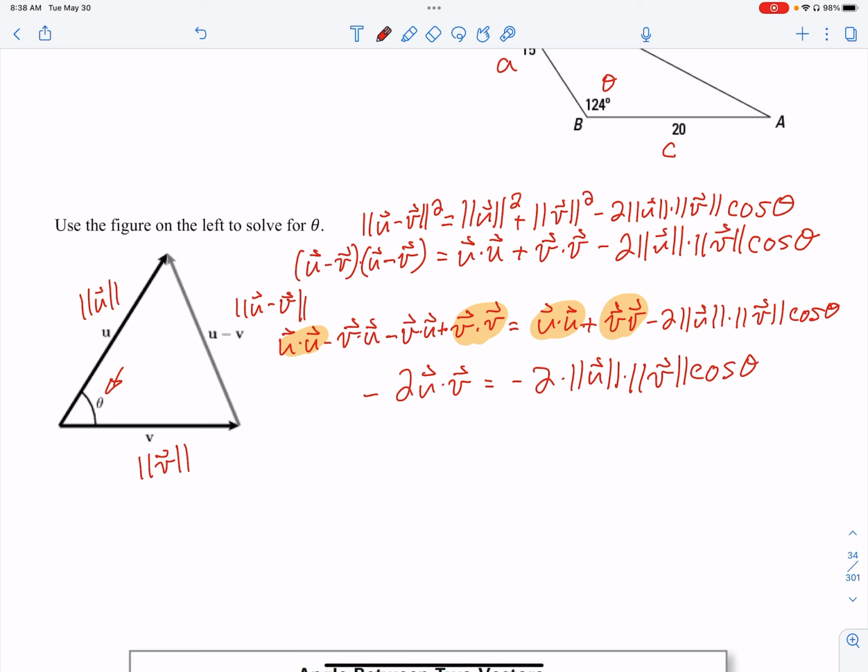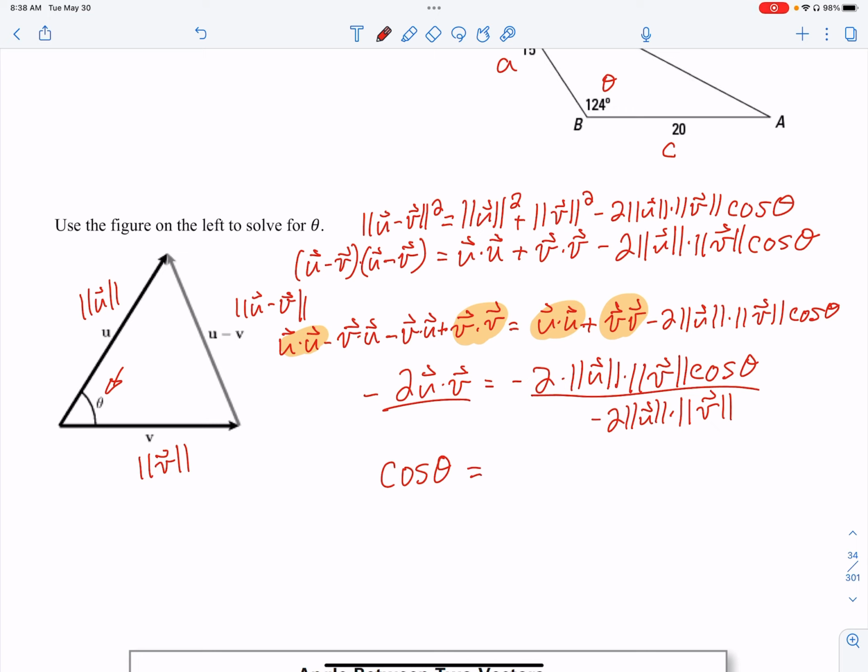If I solve for cosine theta, I divide both sides by negative 2 times the magnitude of u times the magnitude of v.